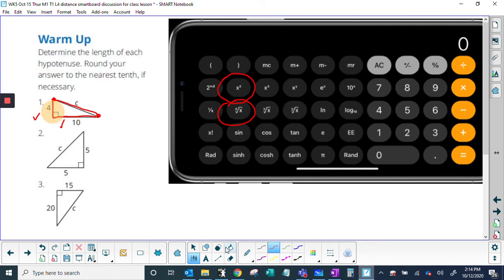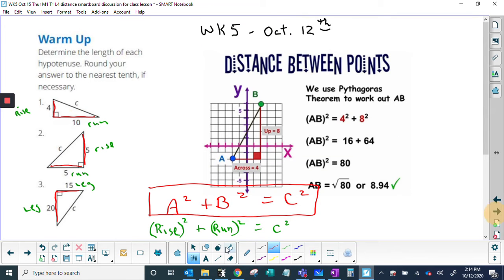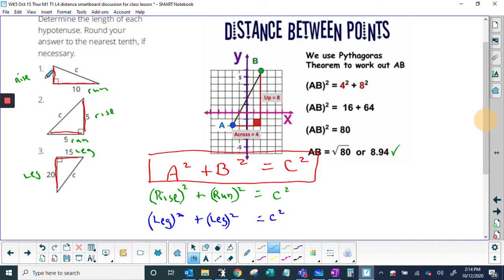Okay, so here we go. The distance between two points is nothing more than the rise and the run, this leg and this leg. A squared plus B squared equals C squared.